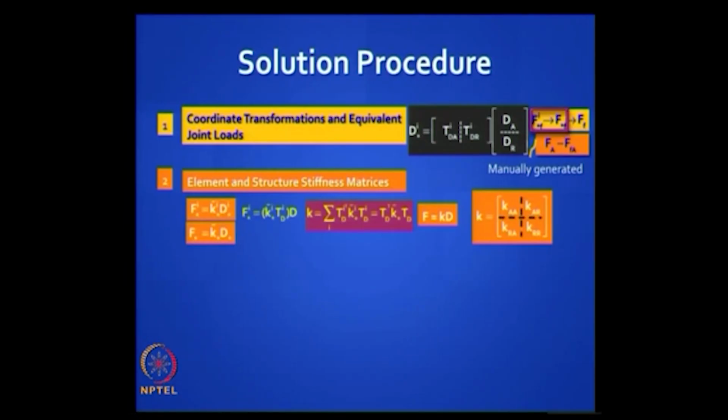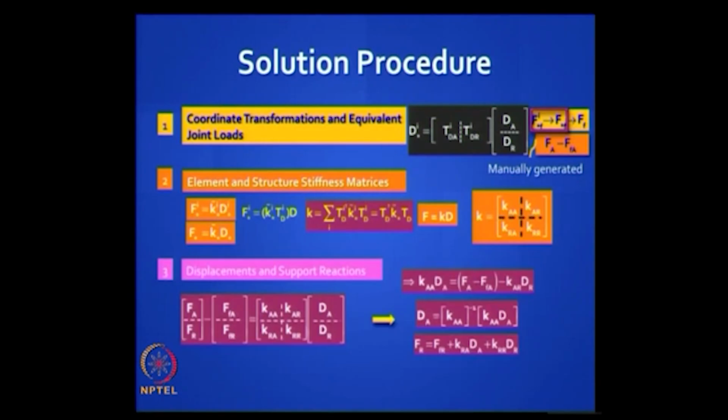Then of course you generate the stiffness matrices in the usual way, and you solve the equilibrium equations, find the unknown displacements, use those active displacements to find the support reactions, and in the end you find the member end forces. And if you recall our previous discussion, that last equation, what does it really represent in terms of what we did earlier?